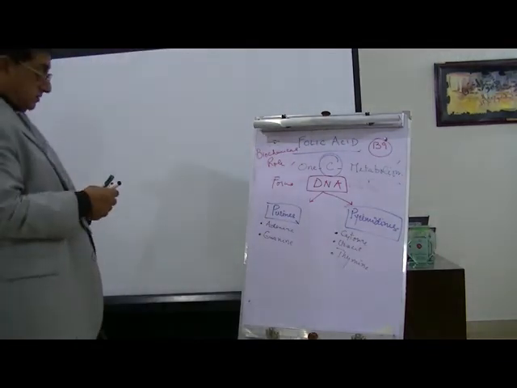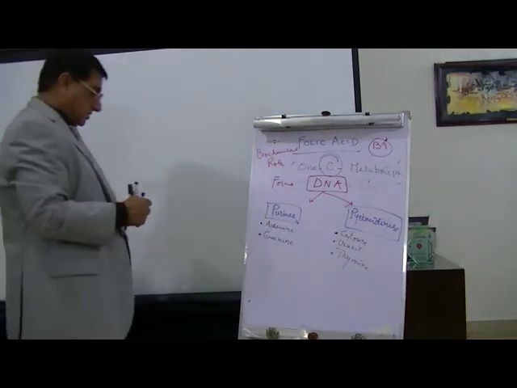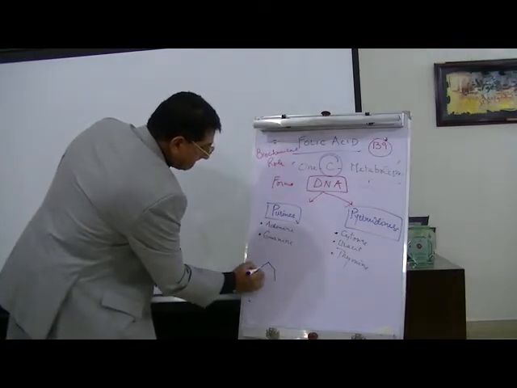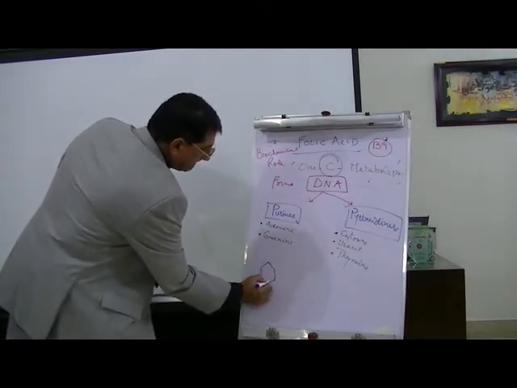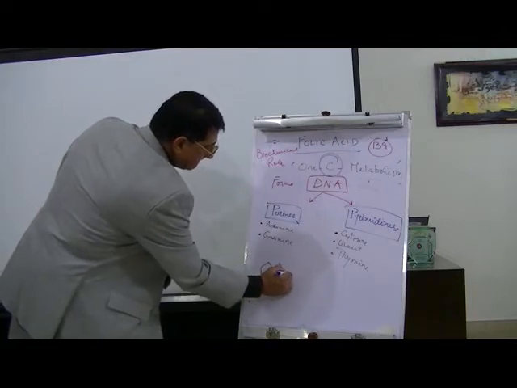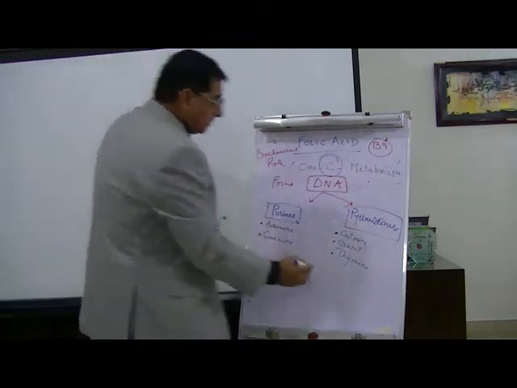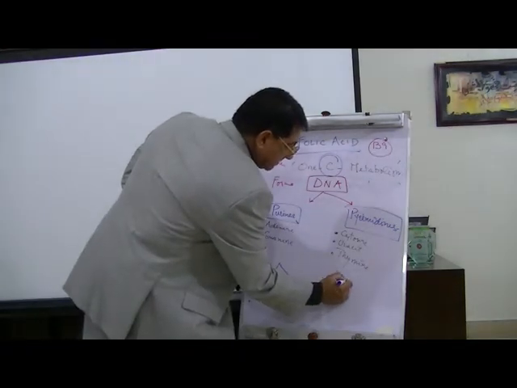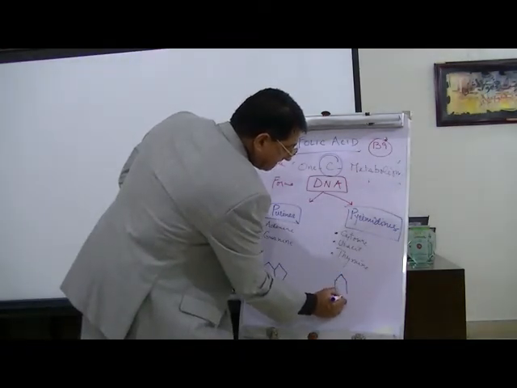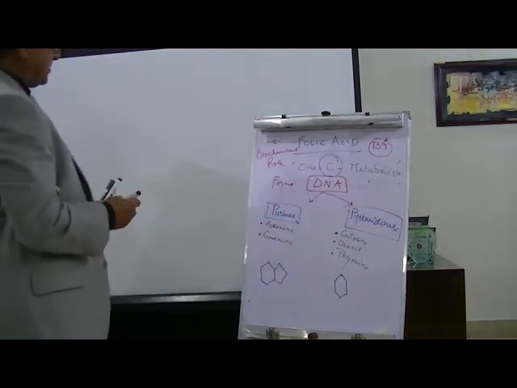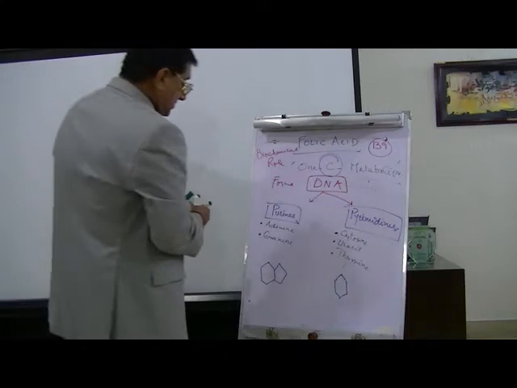Purines have this structure, while the pyrimidines have got this structure. These are purines and these are pyrimidines.